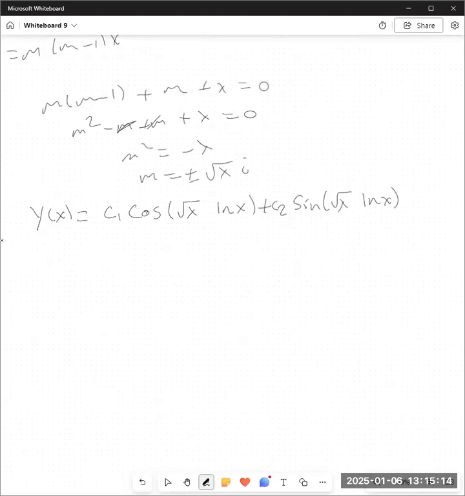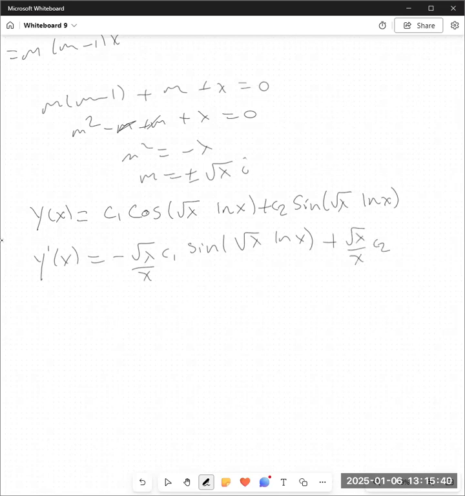So y prime of x is equal to negative root lambda C1 sine of root lambda ln of x over x plus root lambda over x, C2 cosine of root lambda ln of x.